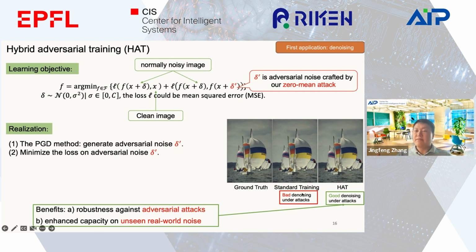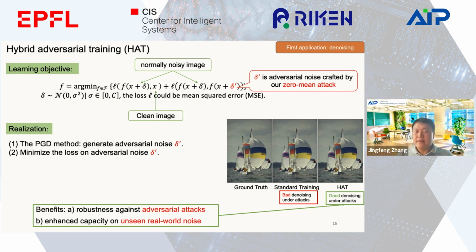Last but not least, we surprisingly found that the robustness of the deep image denoiser can also benefit the generalization capacity on unseen real-world noise. In other words, the robust deep image denoiser can denoise real-world noise even without training on real-world noisy images.